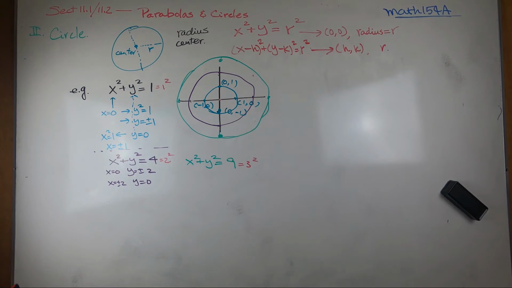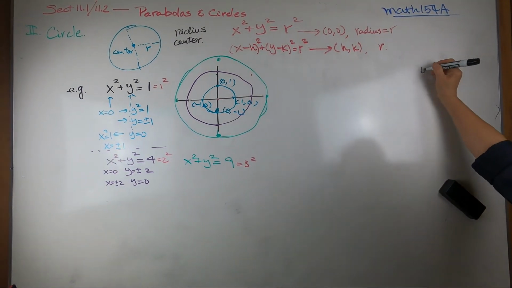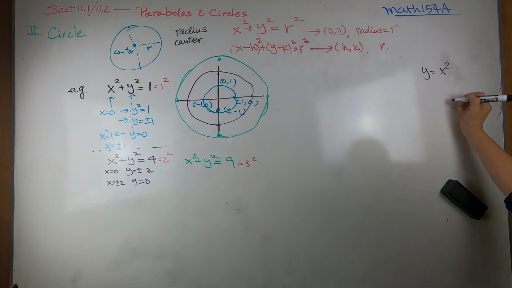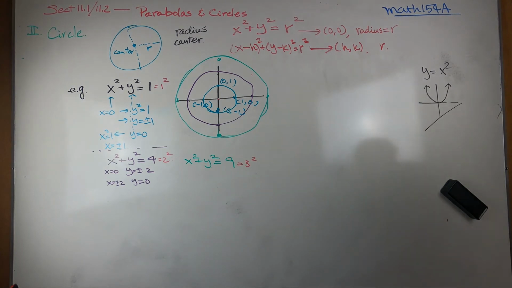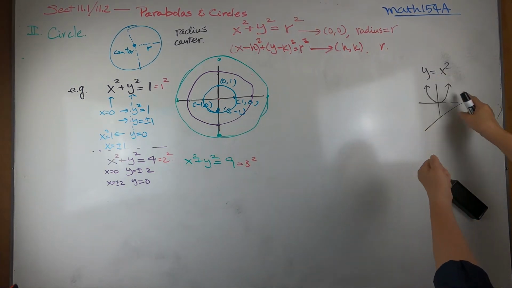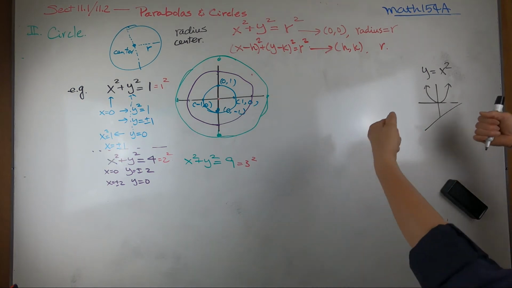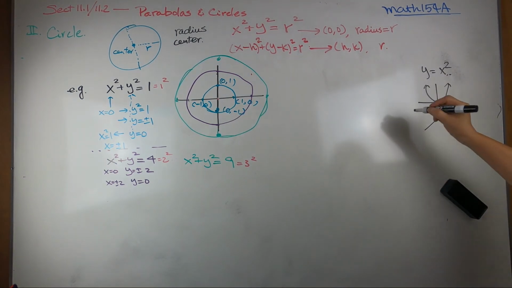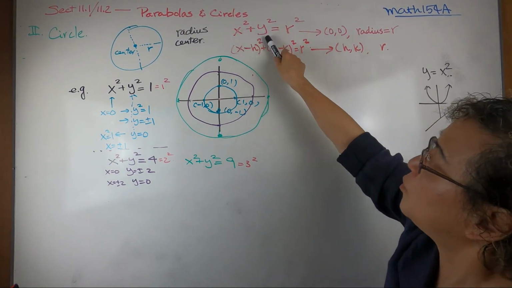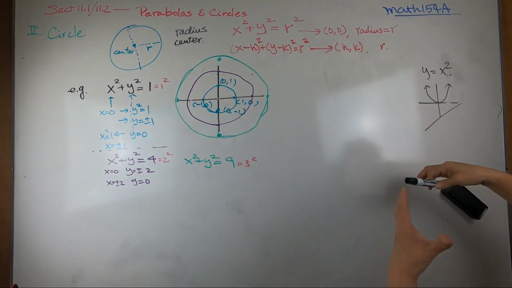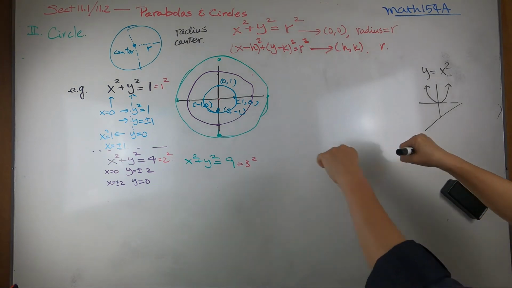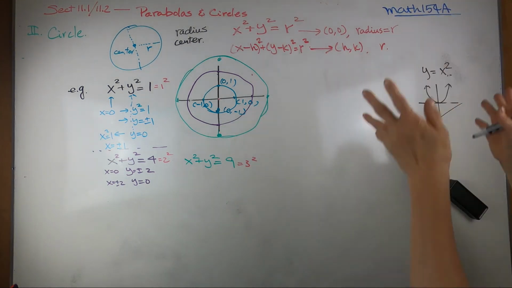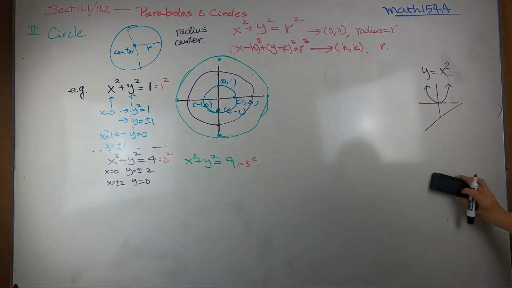What happens is, like our y equals x squared, that means what? It looks like this, right? It was a straight line, so y stays. x has positive and negative, so it expands. See, expand once, okay? And if you have x squared and y squared, both have a square, that means x bends, y bends, and it ends up a circle, right?